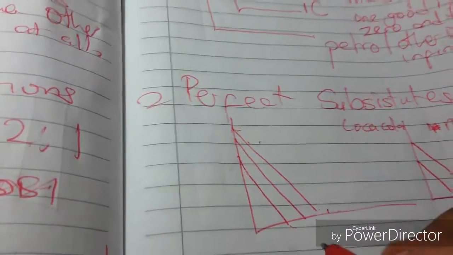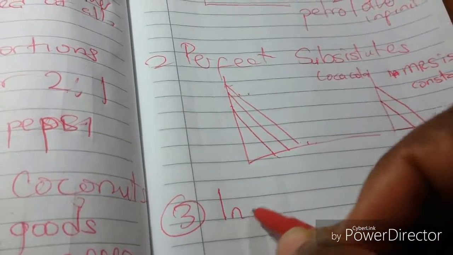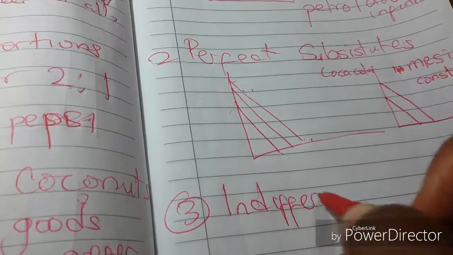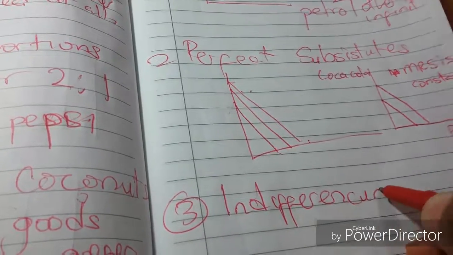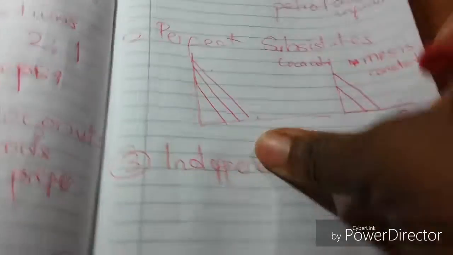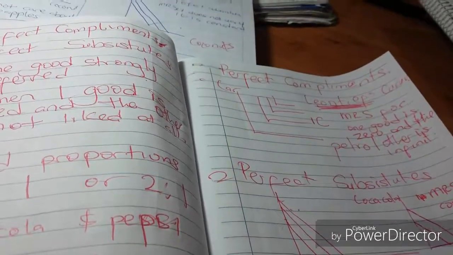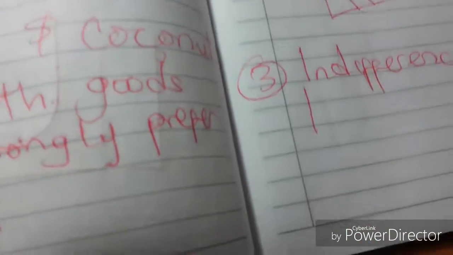Okay, so for the third one, the indifference curve for strongly preferred goods.